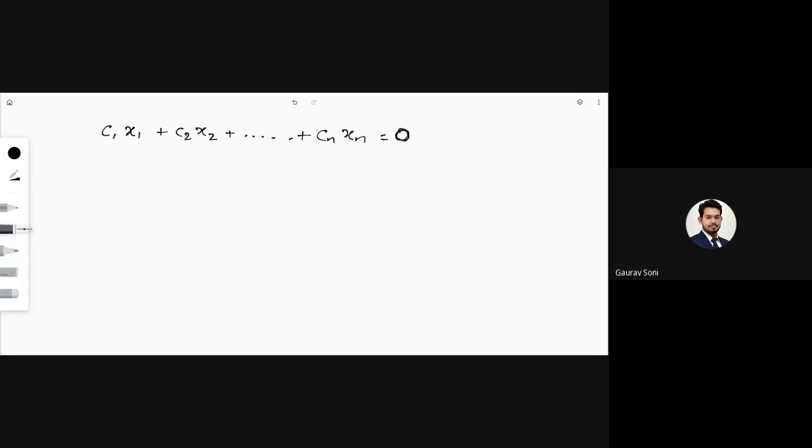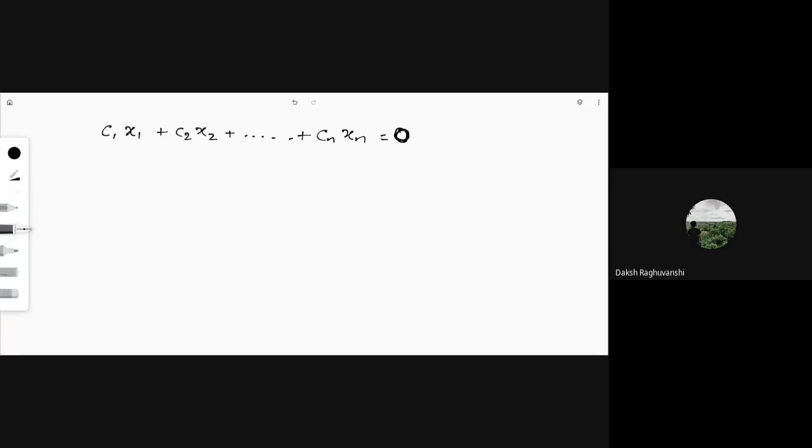What do we mean by vectors are dependent? It means there will be infinitely many solutions.